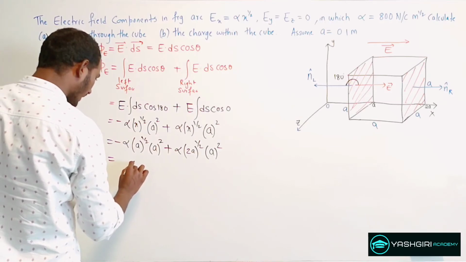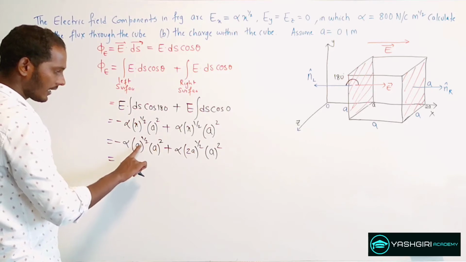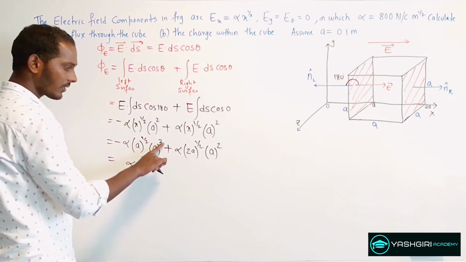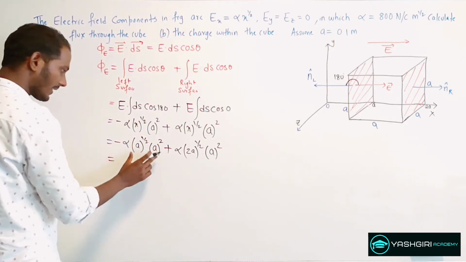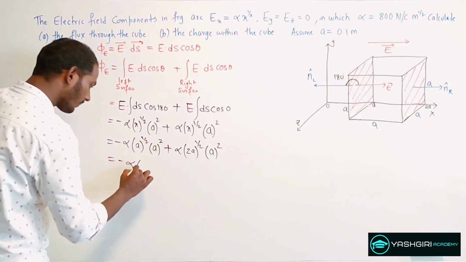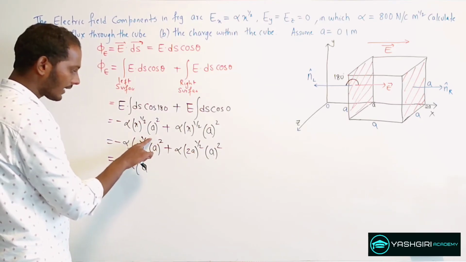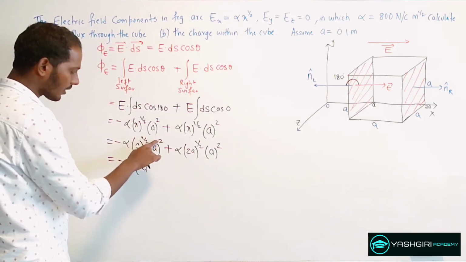So let me just take this alpha, and even if you just see this, a raised to 1 by 2 plus a raised to 2, okay, or else let me just multiply this a first minus alpha. This will give me a raised to 1 by 2 plus a raised to 2. I can just take the LCM, okay, cross multiplication.